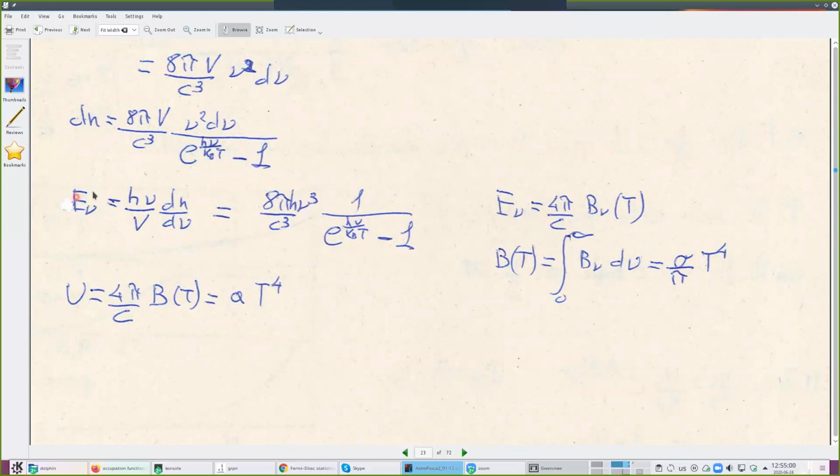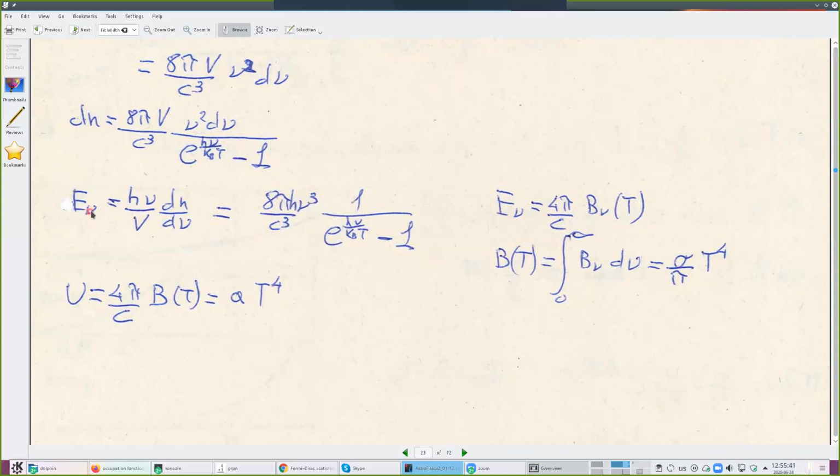This is not exactly the Planck, because here we have already integrated over all the angles, and you can see this is a density, not per surface. This is not a flux, like the Planck law. In fact, in the Planck law this is c squared, not c cubed.